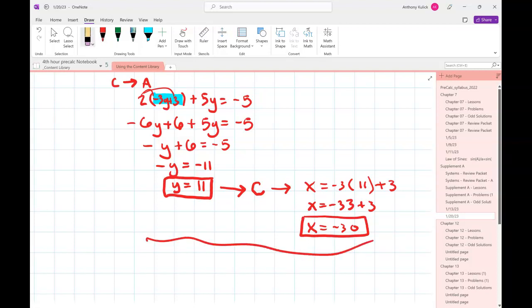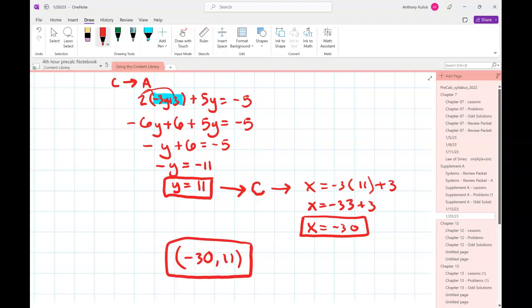And what do I do here? To write my final answer, we write it as an ordered pair in x comma y. Negative 30 comma 11. Is everybody okay there? Cool.